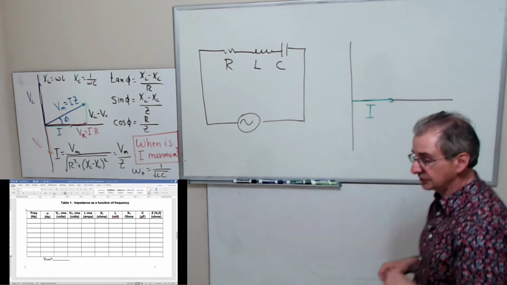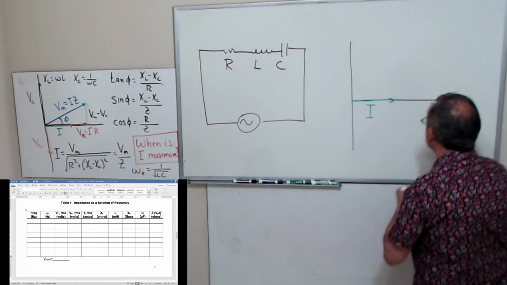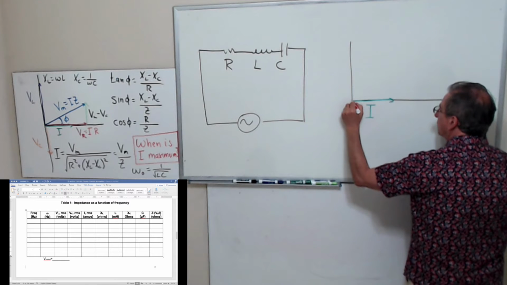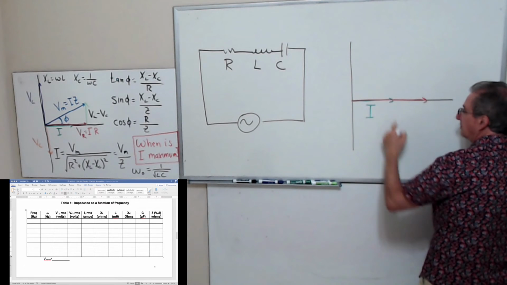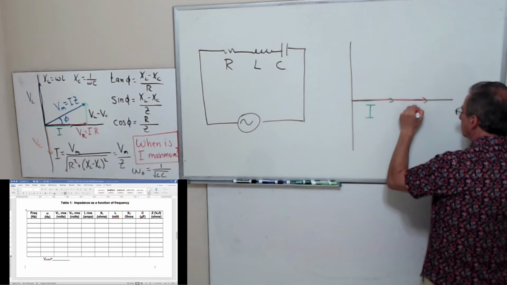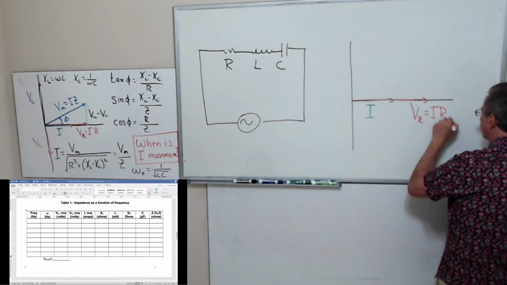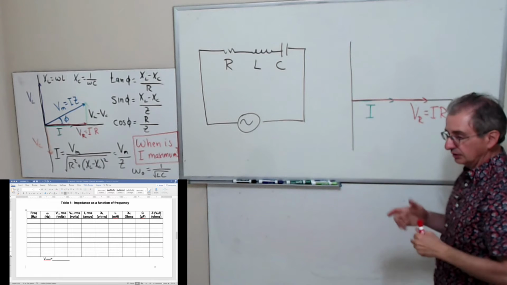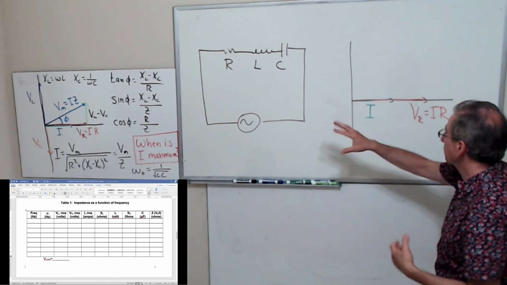Since I know the voltage across the resistor is in phase with the current, then I can draw the phasor. It's in phase, that means they're parallel to each other. So far, so good. Now I just got to do the inductor.